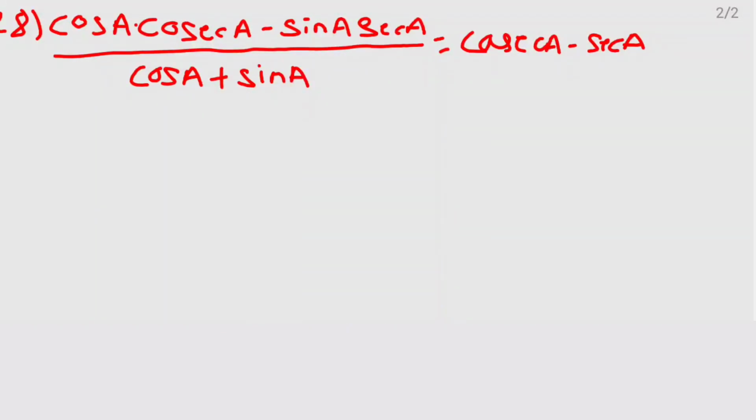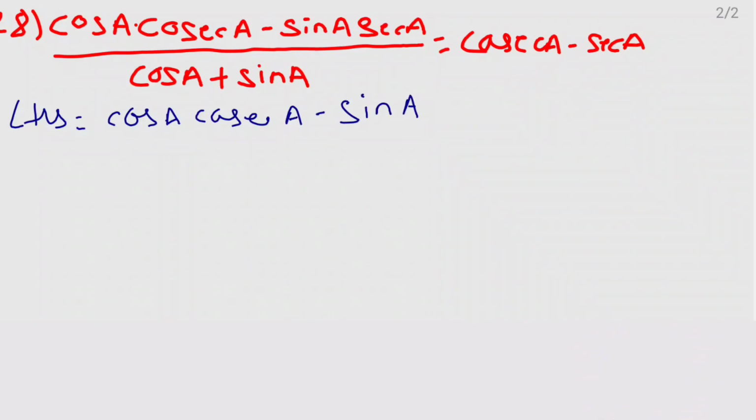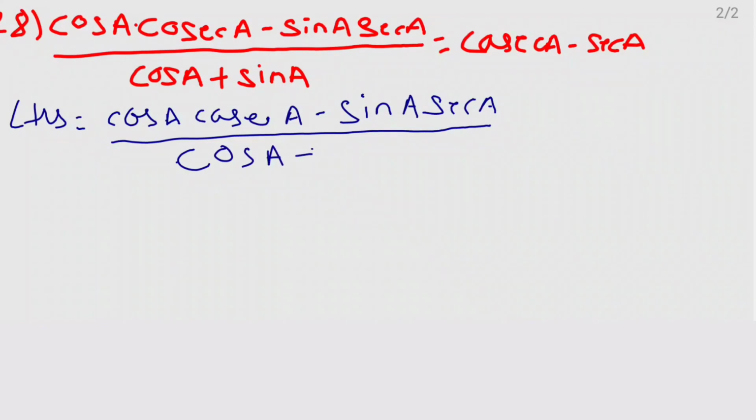Well students, the next problem, 28th one: (cos A into cosec A minus sin A into sec A) divided by (cos A plus sin A) is equal to cosec A minus sec A. So first write down here LHS. LHS is equal to cos A into cosec A minus sin A into sec A, this divided by cos A plus sin A, right?